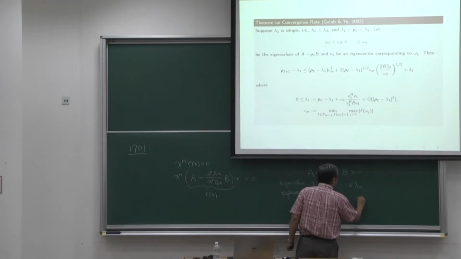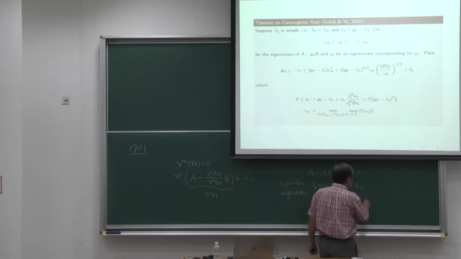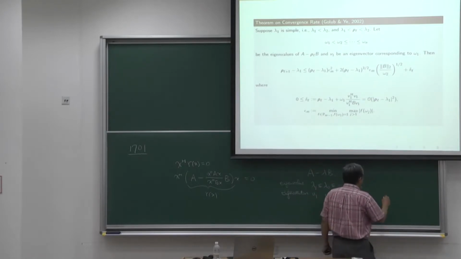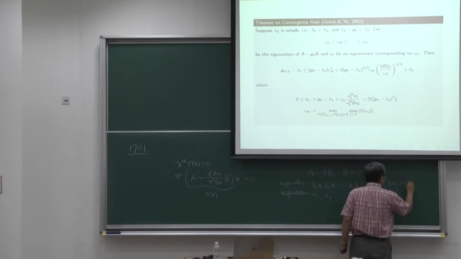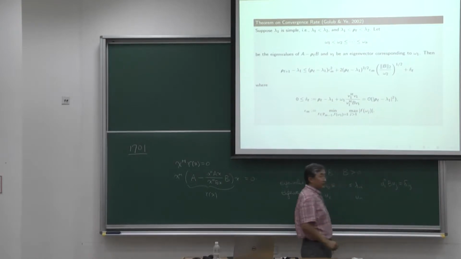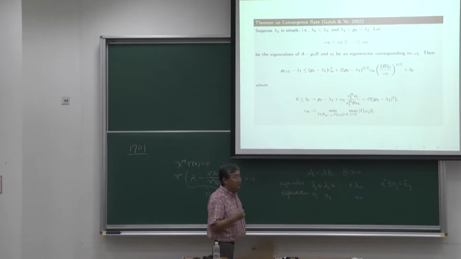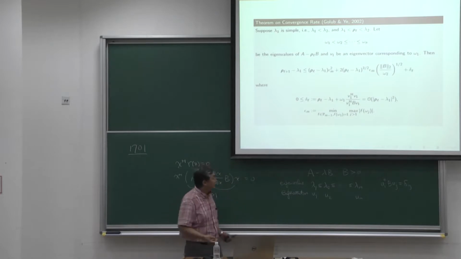U1 up to UN. We further assume that we can always make that happen, since the UI are B-orthogonal, which means u_i transpose B u_j equals 1 for i equal to j, and 0 for i not equal to j.